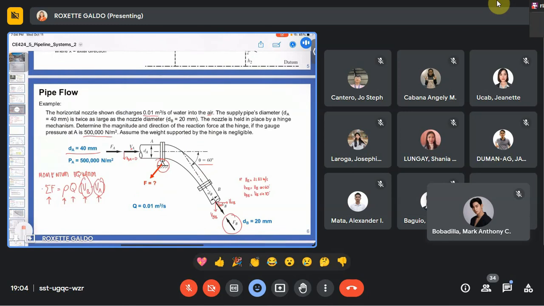What is the pressure at B based on the problem? Any idea?